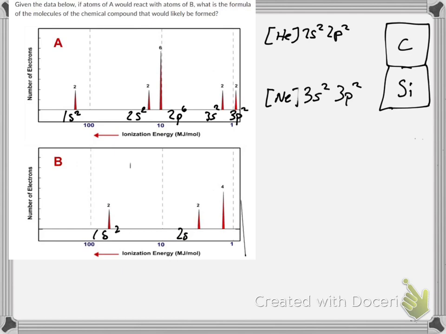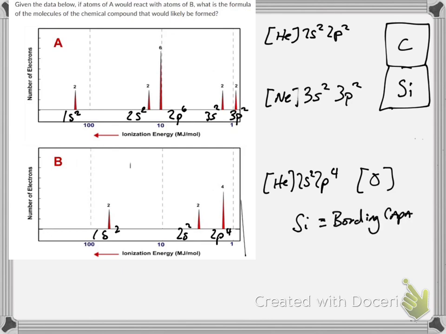So what is it being bonded to? So 1s2, 2s2, 2p4. If we look at that, helium core, 2s2, 2p4, well, that's oxygen. So silicon's bonding capacity is 4. Oxygen's bonding capacity is 2. Clearly 1 oxygen is not going to be able to do it.